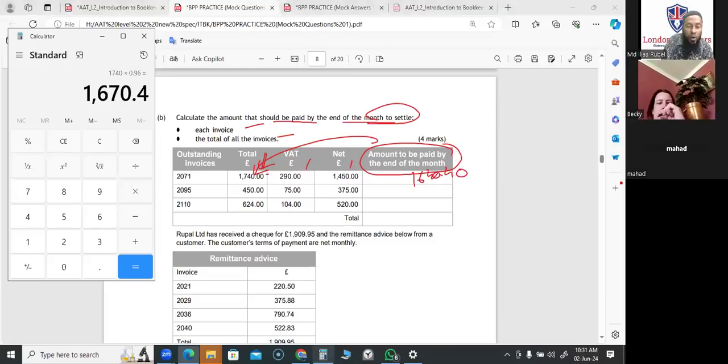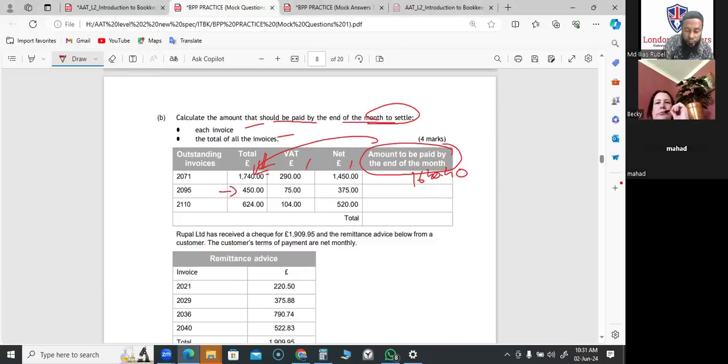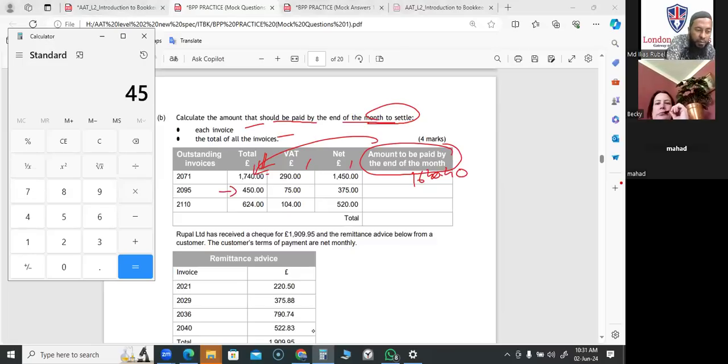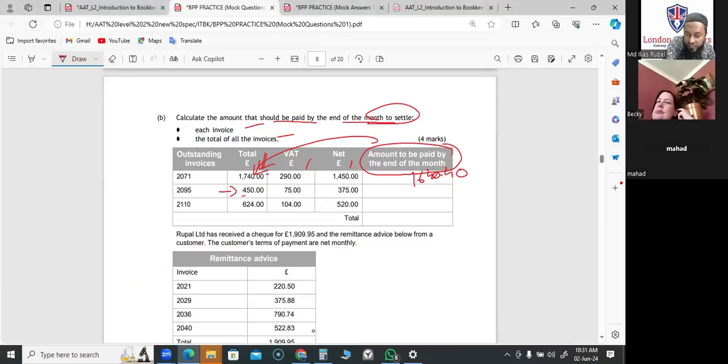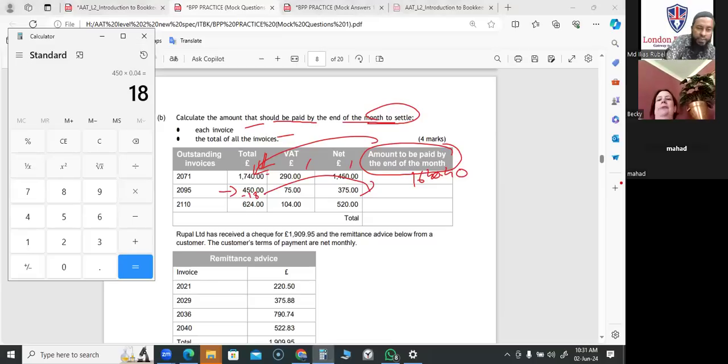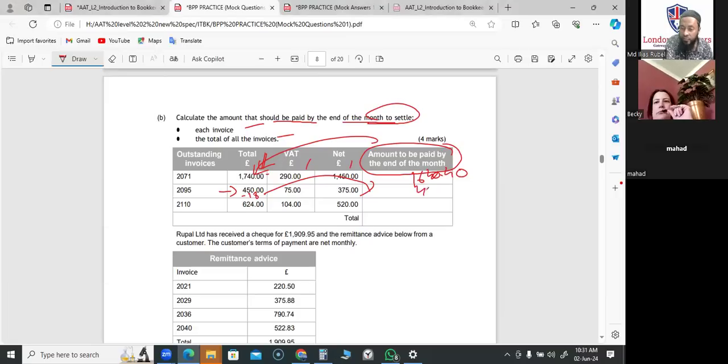Or you can do a little longer way. Let me show you in number 2, 450. For example, 450. Do 4%, which is 18. So 450 minus 18 gives 432.